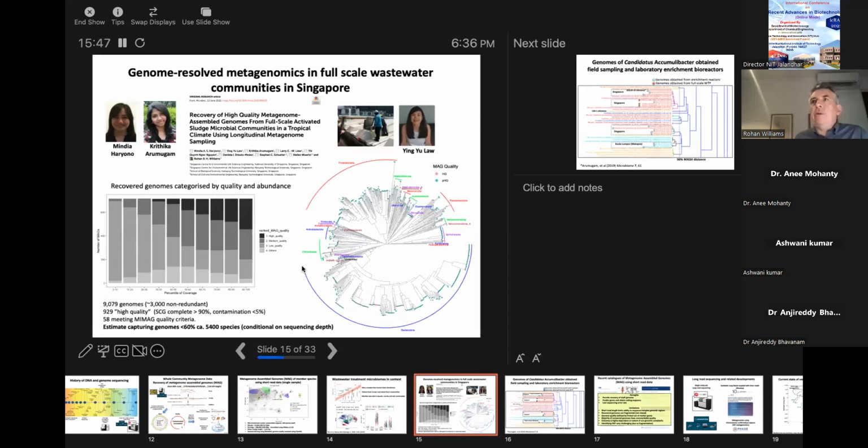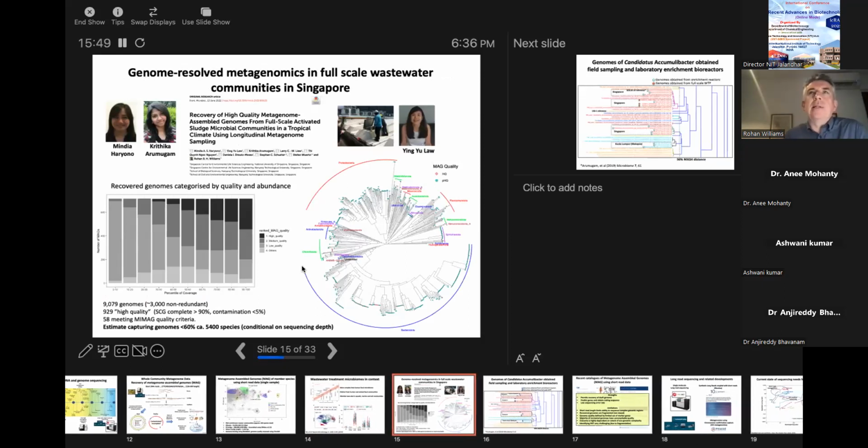And so using this kind of genome-resolved analysis, we can study these communities. This is a paper we've recently published, a collaborative paper as part of this overall research program, led by Mindia Haryano and Kritika Aramagan on the analysis side, and my former colleague Yingyu Law, who led the collection of the data and the wastewater engineering aspects of this.